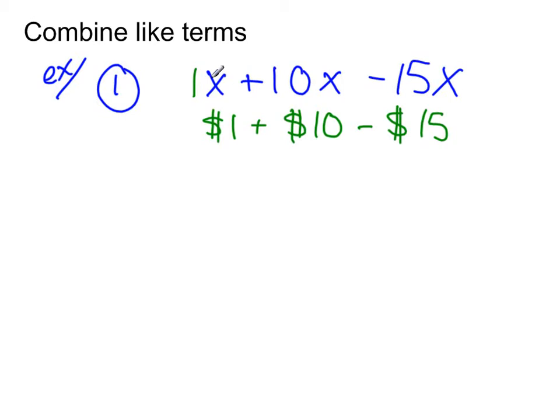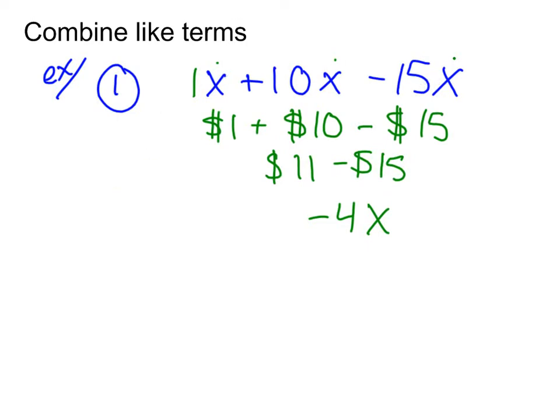That's what I'm pretty much treating the x like. I'm treating it like $1. So 1 plus 10 is $11, minus $15 is I owe somebody $4. So instead of writing -$4, we're going to write -4x, because we just keep whatever the unit may be throughout, and we just combine the coefficients.